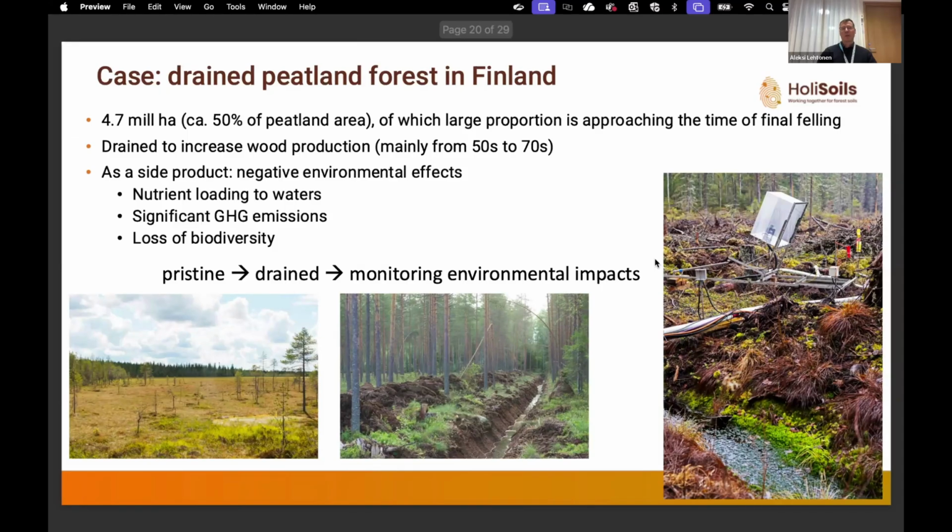About half of the peatlands were drained, and a lot of them are approaching the time of final felling. They were drained to increase wood production, mainly from the 50s to 70s. But as a side product, there have been and still are negative environmental effects like nutrient loading, greenhouse gas emissions, and loss of biodiversity.